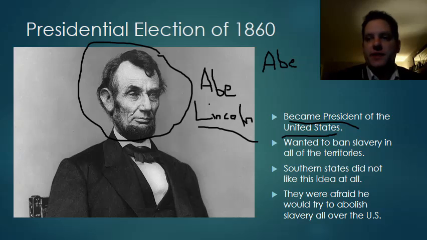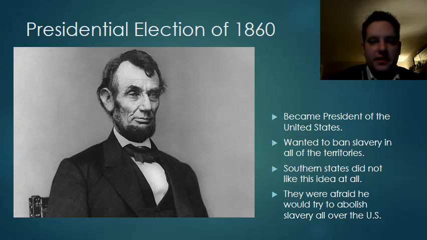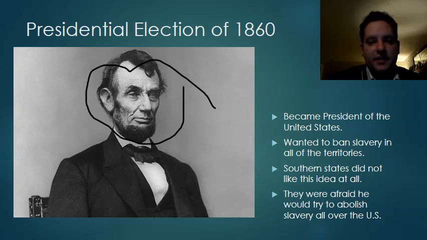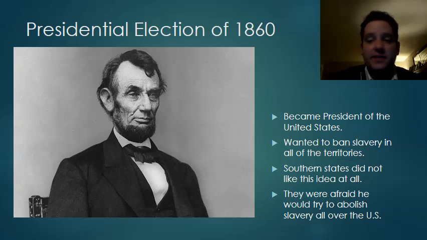So here's a president who wanted to take those territories, and instead of saying it's up to you, no, you can't have them anymore. This does not make the South happy because they want people to decide, and they want slavery, but if you ban it, you're not going to be able to have it.